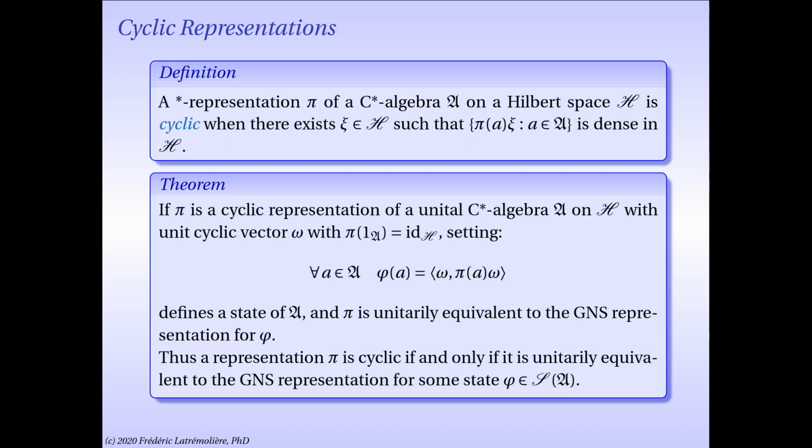So another way to state that is a representation pi is cyclic if and only if it is unitarily equivalent to the GNS representation for some state, since we know that GNS representations in particular are always cyclic.